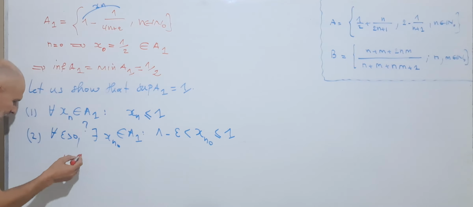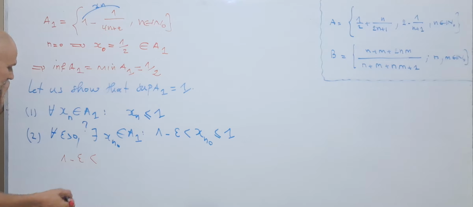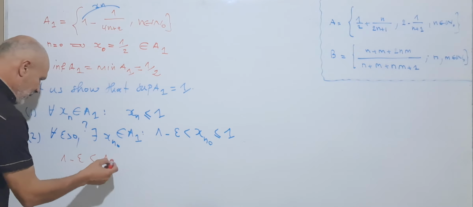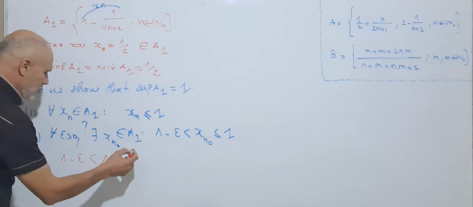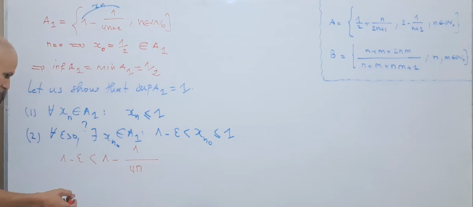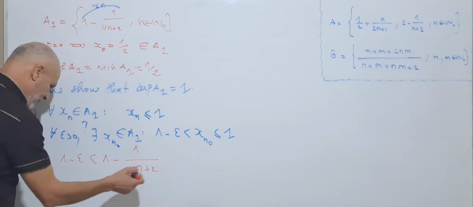So 1 minus epsilon, can we find n0 such that 1 minus epsilon is less than 1 minus 1 over 4n plus 2?